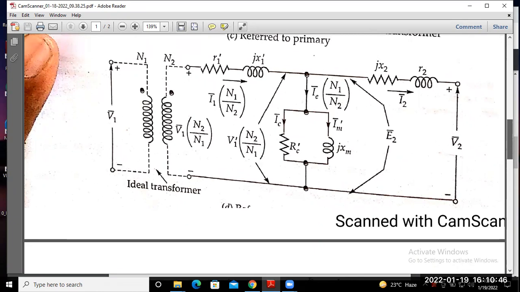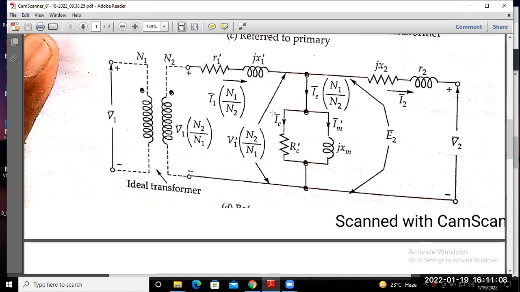When referred towards the secondary side, this parameter is the same, that means R2 and X2 of the secondary side resistance and reactance, and this is your secondary terminal voltage V2, this is the EMF induced in the secondary winding E2, and this is the current flowing from this side to the load, I2.